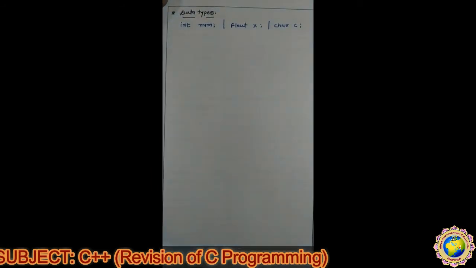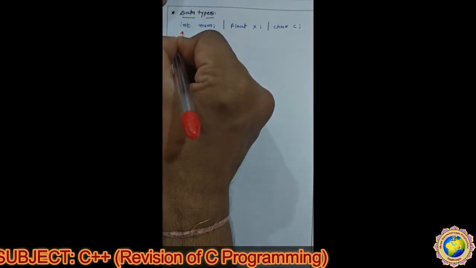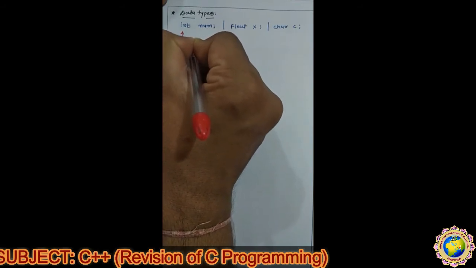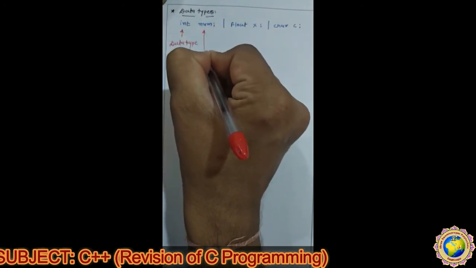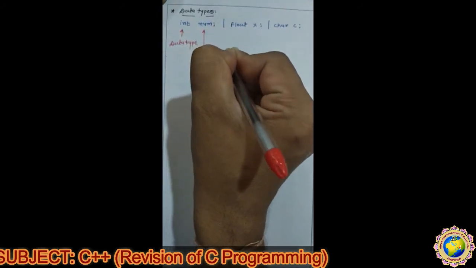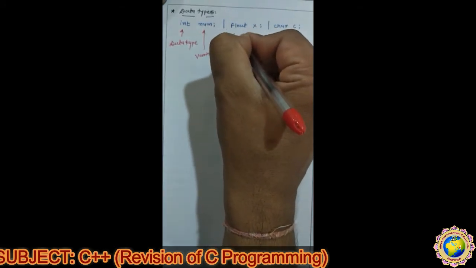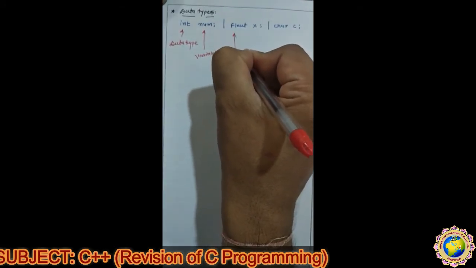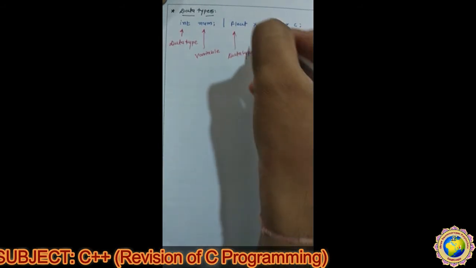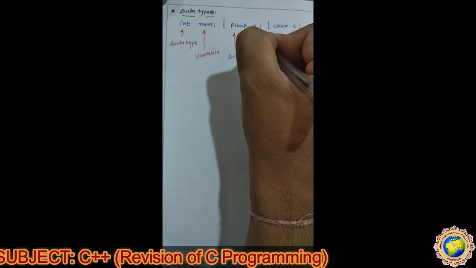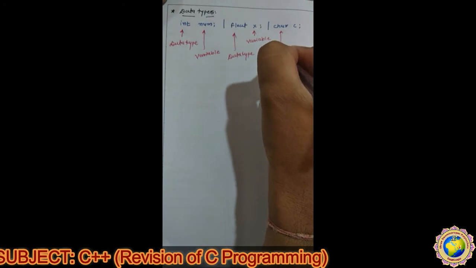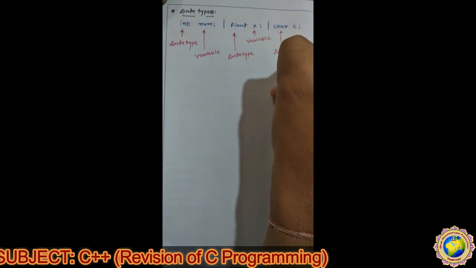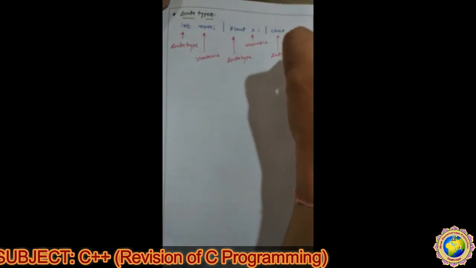Now you can see that here integer is a data type and num is a variable. Same like that, here float is a data type and x is a variable. Same here, character is a data type and c is a variable.